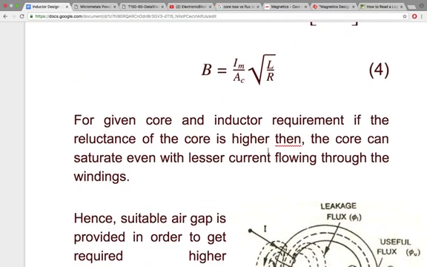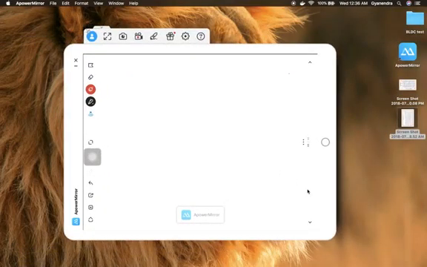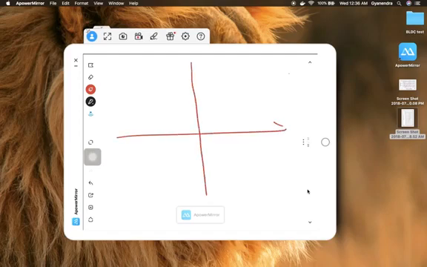Okay. So now what happens if we introduce the air gap? To answer that, let us draw the phi-I characteristic once. Without an air gap, that is a pure magnetic material, the phi-I characteristic will be something similar to this.